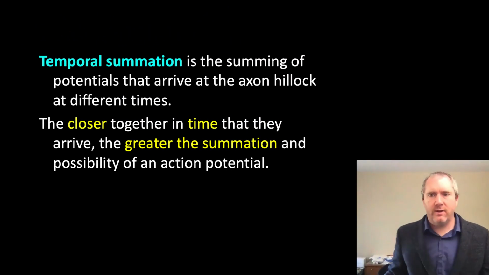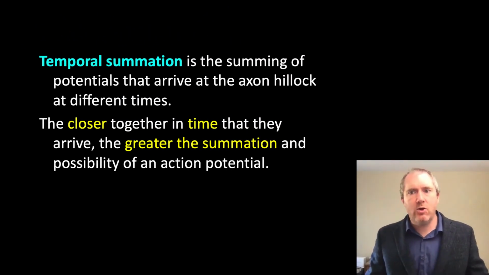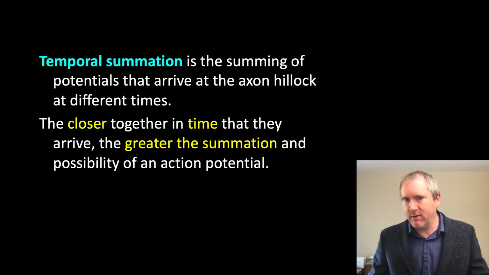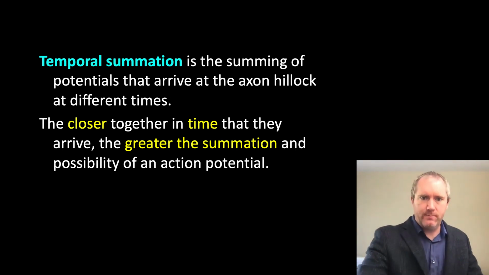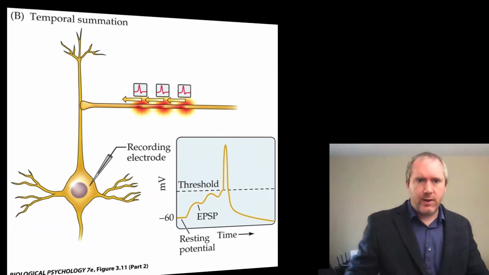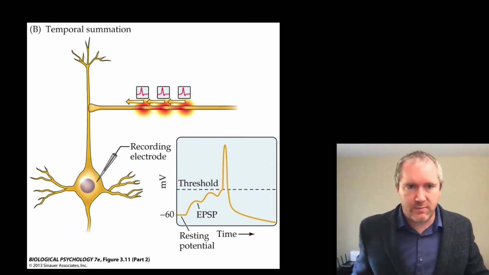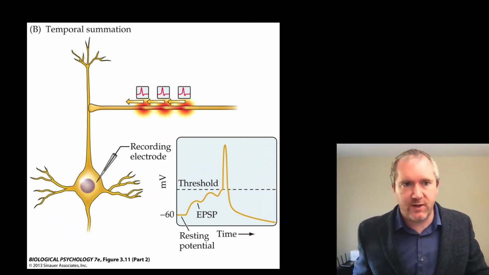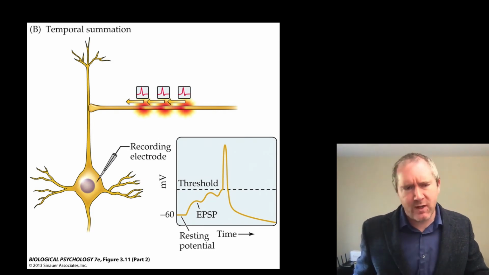Temporal summation, on the other hand, is the summing of potentials that arrive at the axon hillock at different times. The closer together in time that they arrive, the greater the summation and possibility of an action potential. So here is an example of temporal summation that looks very similar to the last figure we saw for spatial summation.